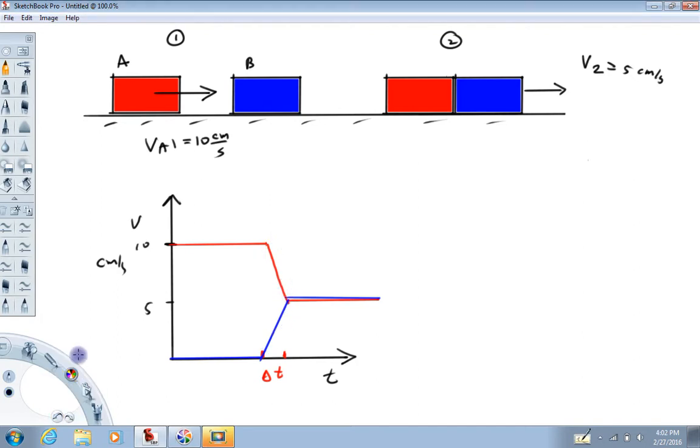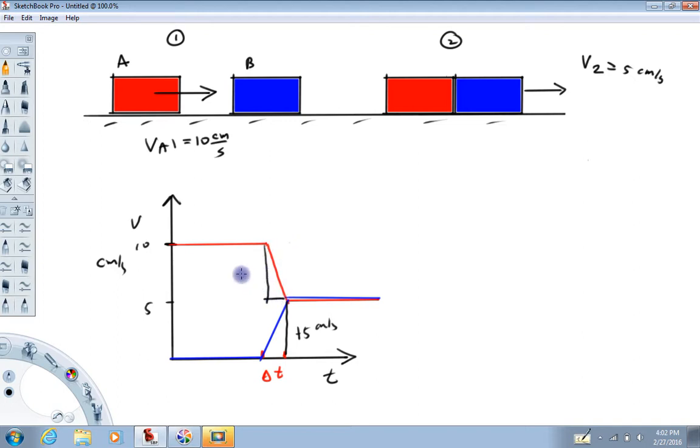Now, it's the same delta T for the blue and the red. And I'm going to ask that you take my word for it in this video, but I'll go ahead and make another one where I experimentally show this. It's really the same delta V as well. The delta V for the blue is plus 5 centimeters per second. The delta V for the red is also 5, other than it's negative.